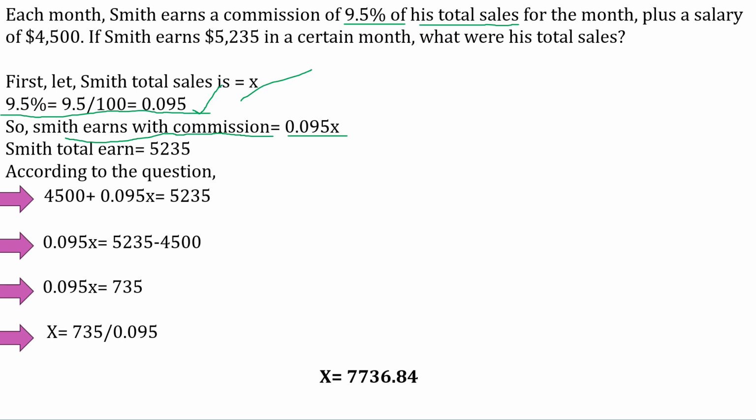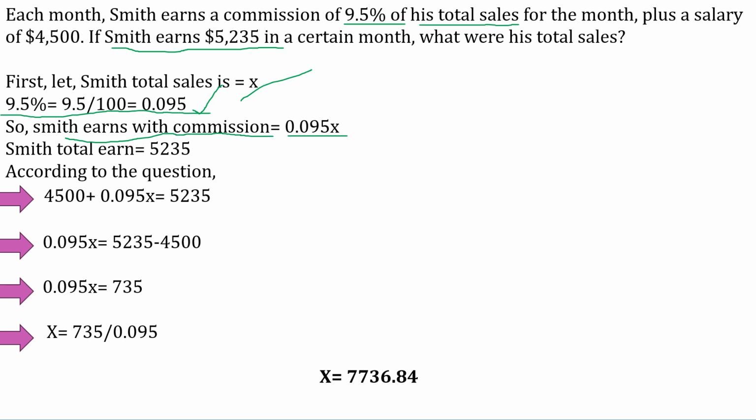And the next part, it said Smith earns 5,235. So according to the question, we can write 4,500 plus 0.095x is equal to 5,235.